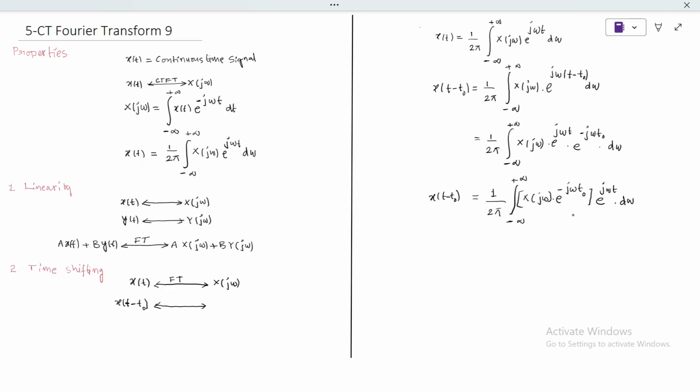So what did you understand? See, x of t equals 1 by 2 pi, something function into e power j omega t. So this is the signal in frequency domain corresponding to this x of t minus t naught. So for x of t minus t naught, the signal in the frequency domain must be multiplied by the exponential signal, that is e power minus j omega t naught.